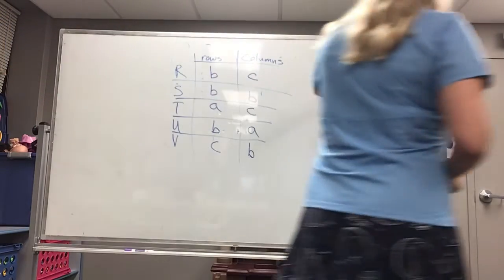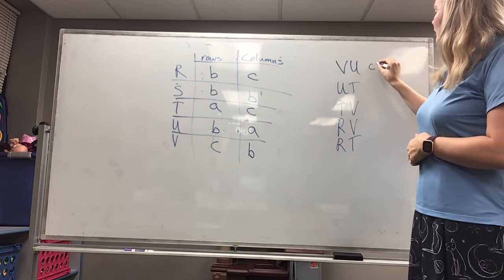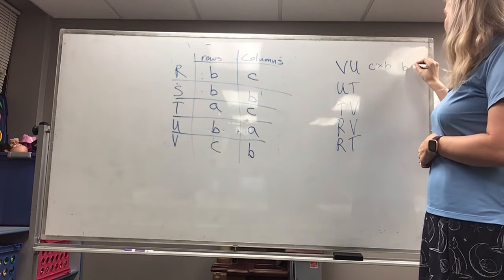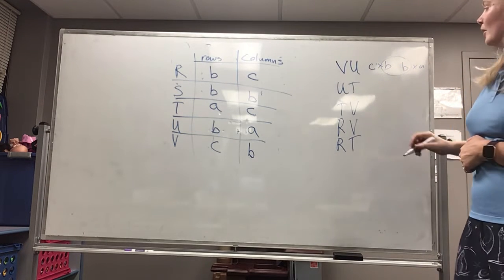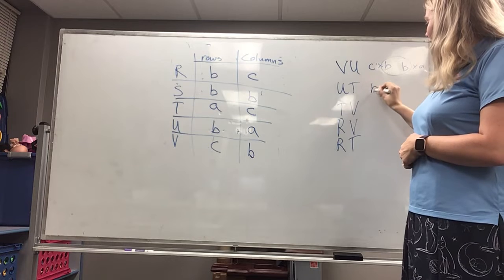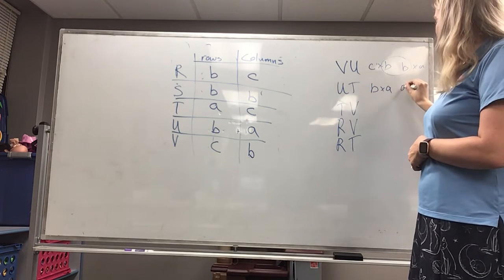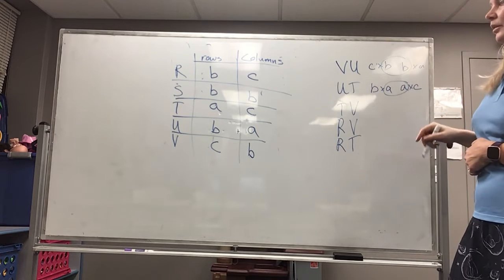So, for VU, V is C by B, U is B by A, centers are the same, that is possible. U is B by A, T is A by C, centers are the same, that is possible.